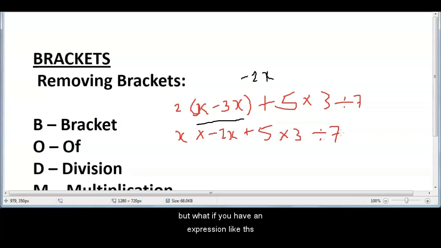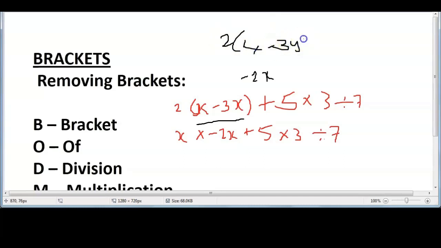But what if you have an expression like this? 2 bracket 4 minus 3y, plus 5 times 3 division 7.